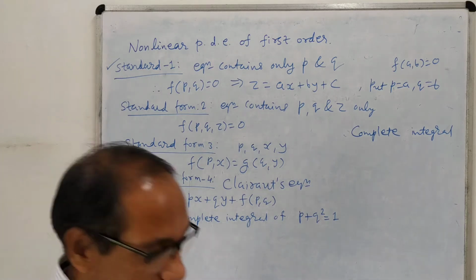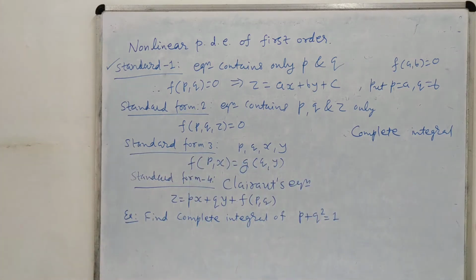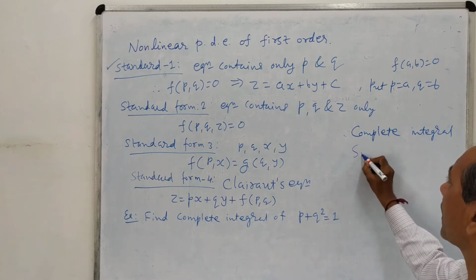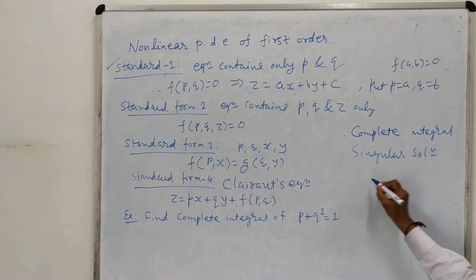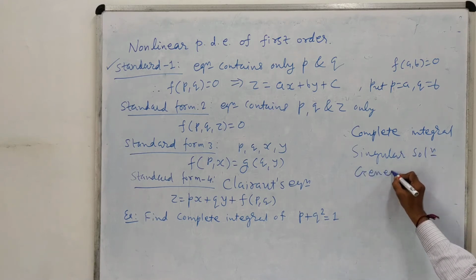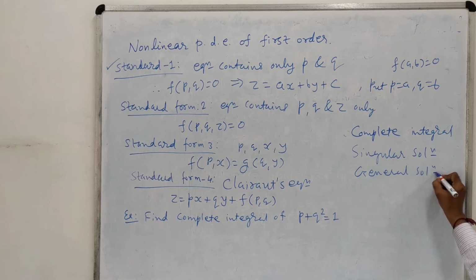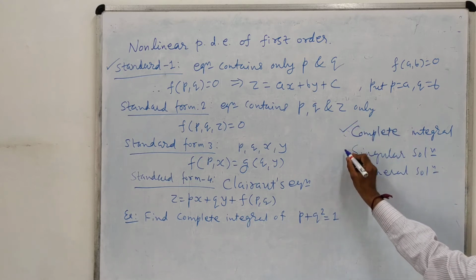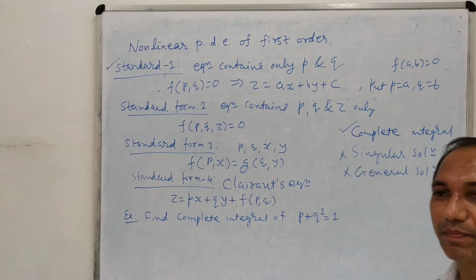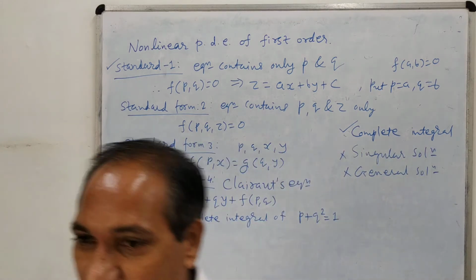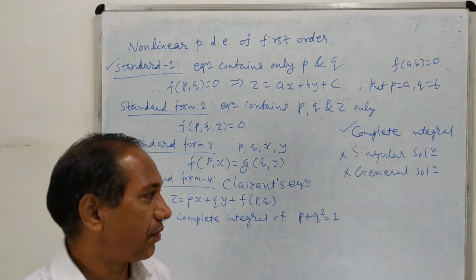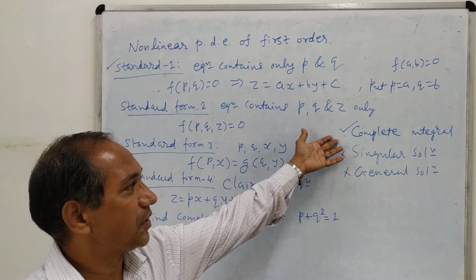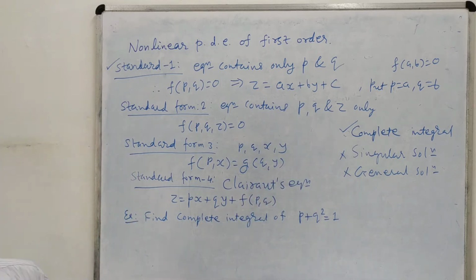Apart from the complete integral, we can also find the singular solution and the general solution. But we will focus only on the complete integral, because in the examination only the complete integral will be asked, as these two are slightly tough. This is sufficient to understand.